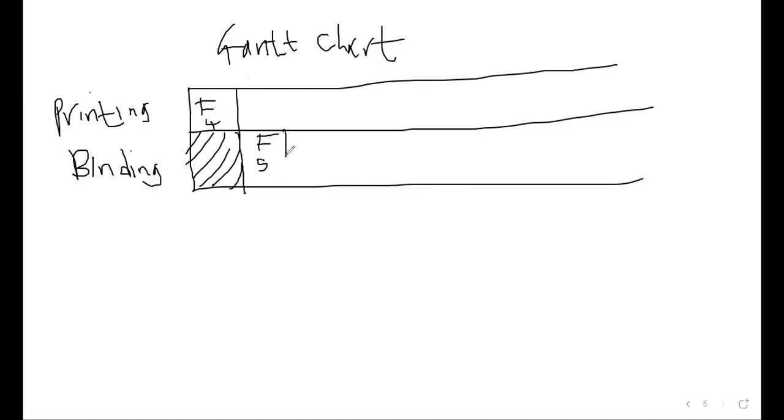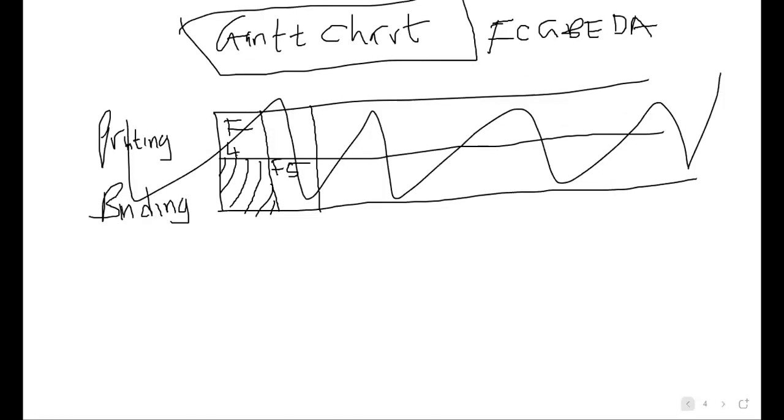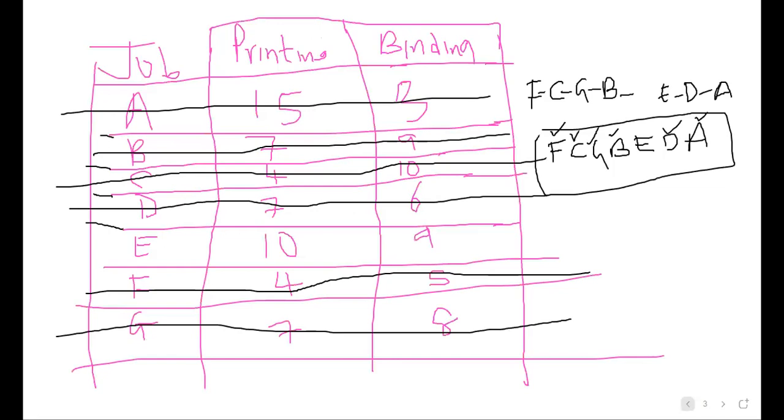So what is happening by the time they're finishing binding? We are looking at a sequence which is F, C, G, B, E, D, and A. We are getting the data from this table here.